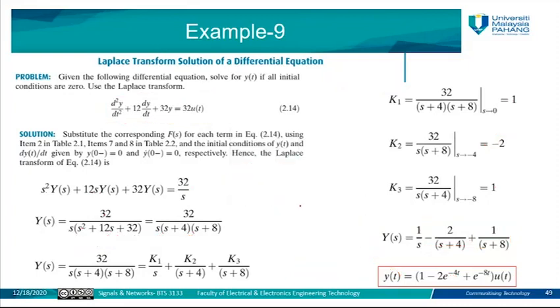Clear? Any question until here? Or I will ask. If no question, I will ask. Sir, can I use normal partial fraction instead of this method? Which method? This method is using the residue method, right? Yes.